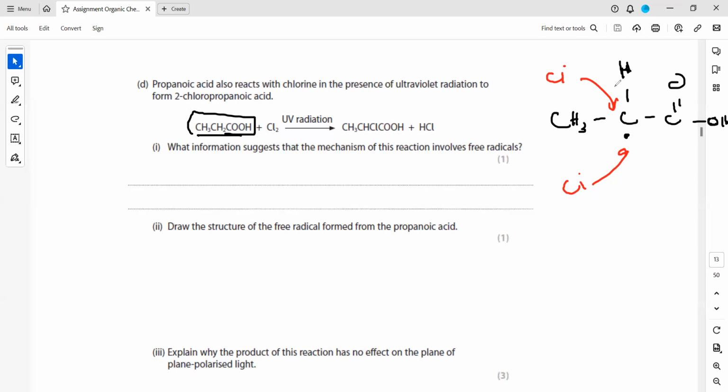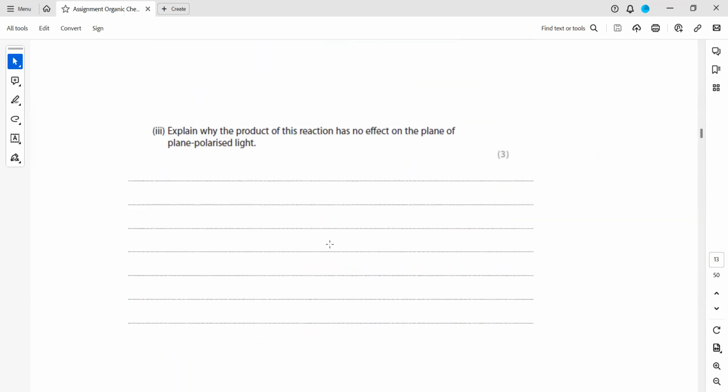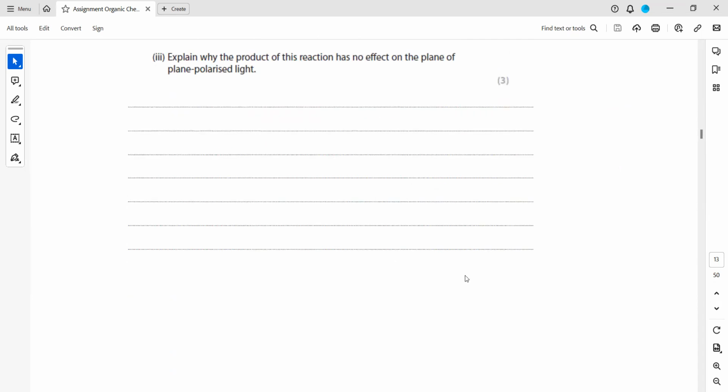So the free radical which is formed as an intermediate is trigonal planar, and when it is trigonal planar, there are both possibilities that it can be attacked from the top or the bottom, which results in a racemic mixture. So you mention these points to score the 3 marks. First, the free radical formed in the intermediate state is trigonal planar.